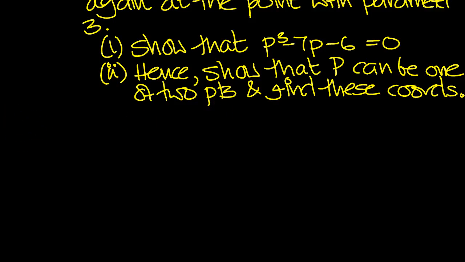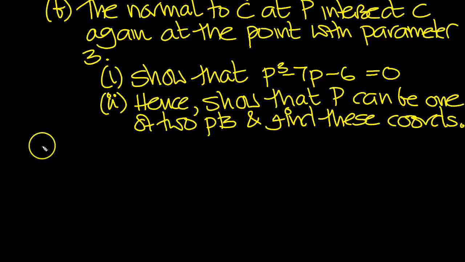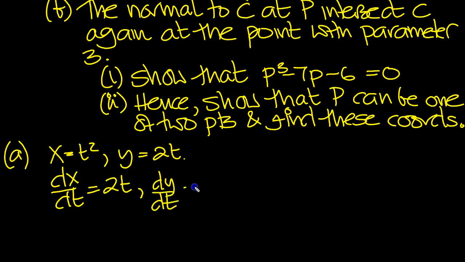So this was part A. So dx/dt, differentiate with respect to t using the power rule, is 2t. dy/dt, t goes to 1, so this is just 2.